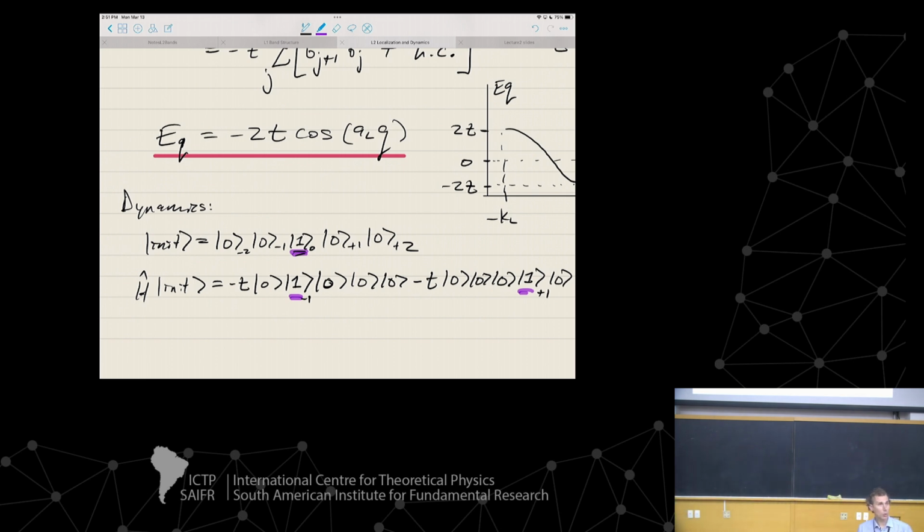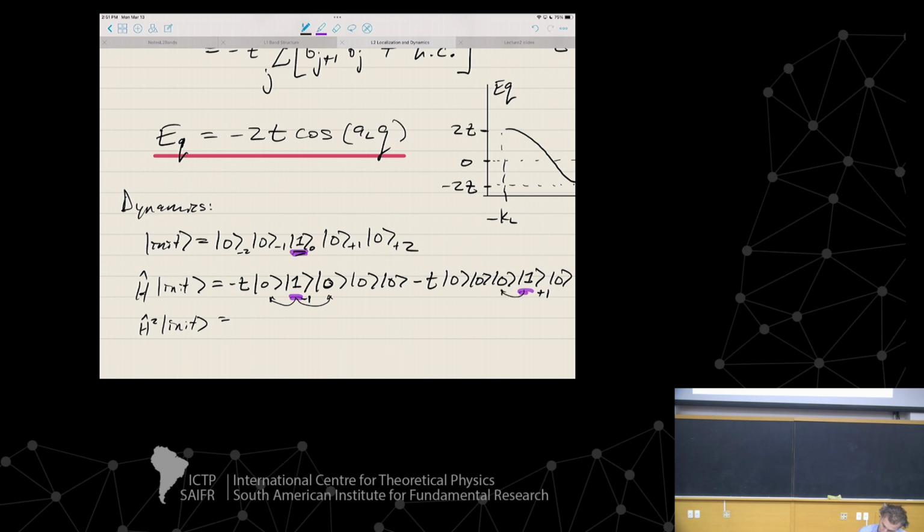It's kind of like a random walk. I roll the dice, and every time I go left or I go right, except this is quantum mechanics, so it's not that I go left or right, I go left and right. Okay? And what happens if I do it again? Okay, let's take another time step forward. So now I have h squared times our initial one. And so there's two possibilities. Either this can move further or it can go back.